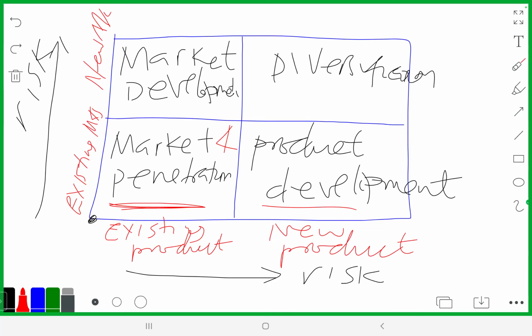That is what happens in the first quadrant. You're selling the existing product, the same product that you have, to the same existing customers. So what are you going to do this time around? You entice your customers away from the competitors. This is what you're trying to do.